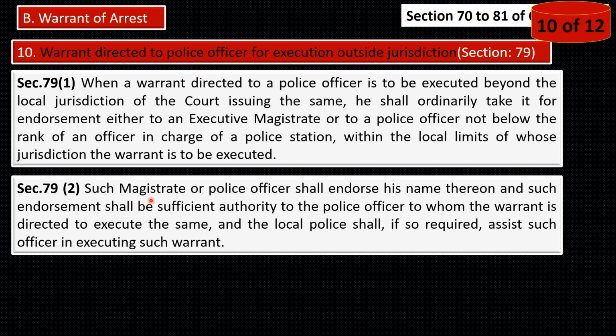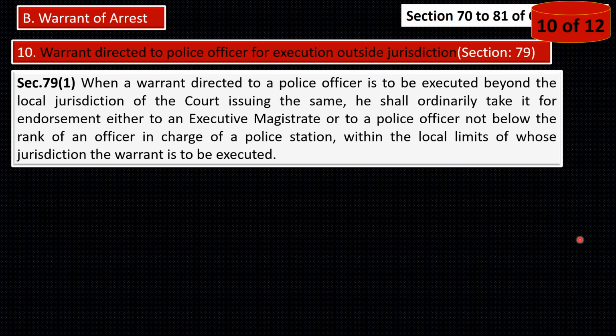Such magistrate or police officer shall endorse his name thereon, and such endorsement shall be sufficient authority to the police officer to whom the warrant is directed to execute the same, and the local police shall, if so required, assist such officer in executing such warrant. Next is subsection 3 of section 79.